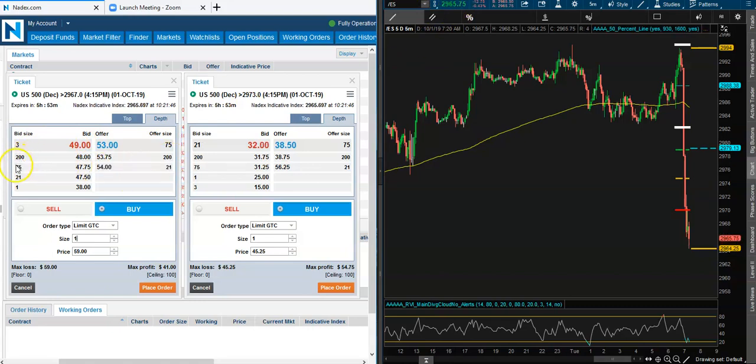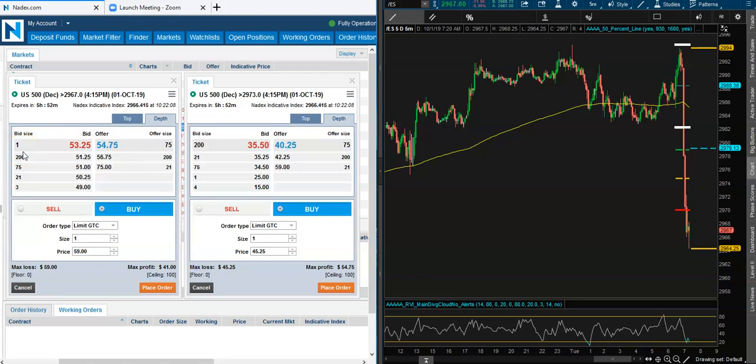If you look right here at the bid size, 200, whenever you see the 200, that's usually just the market makers showing orders. And same with the 75. But that 3 just either canceled or got filled.